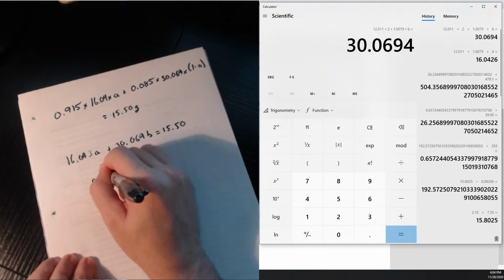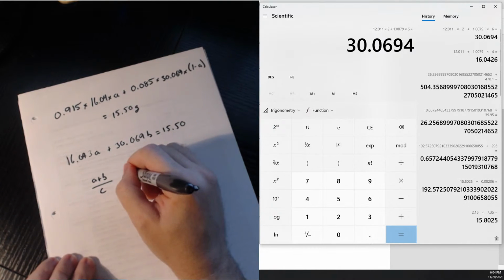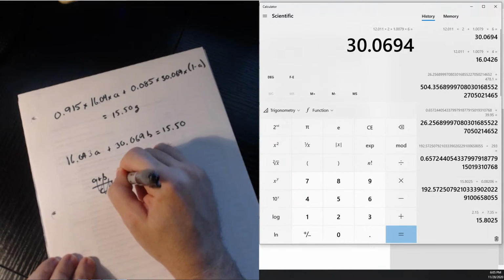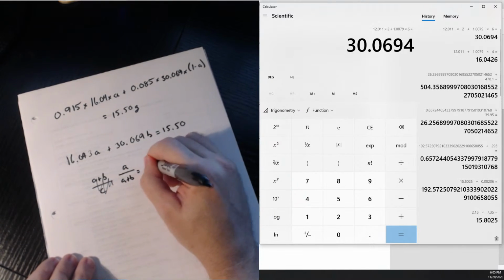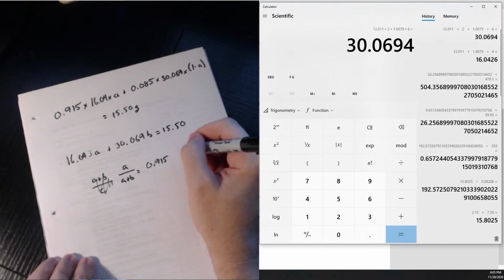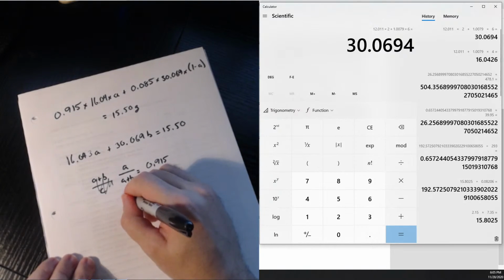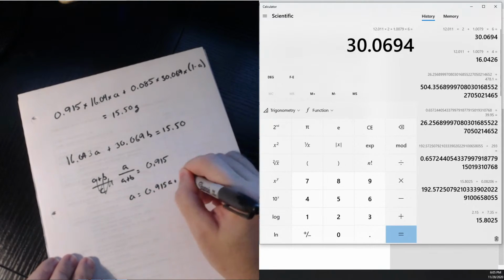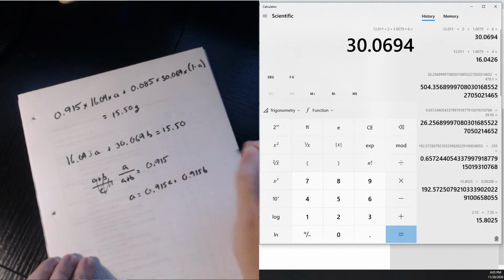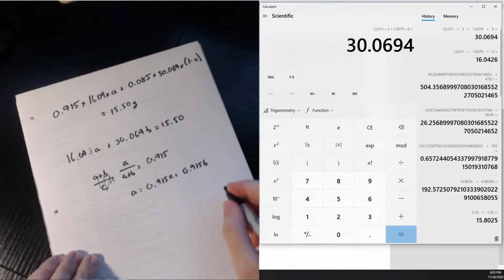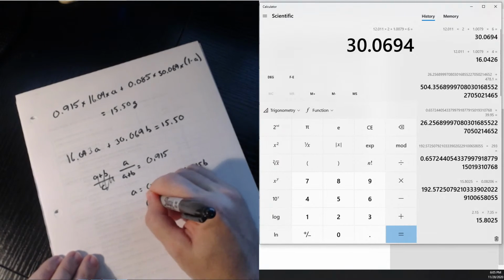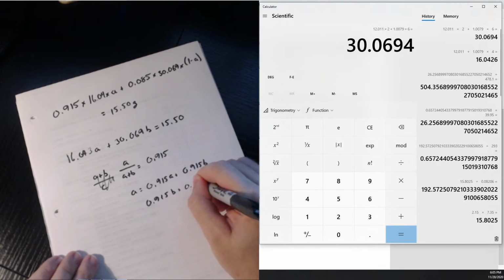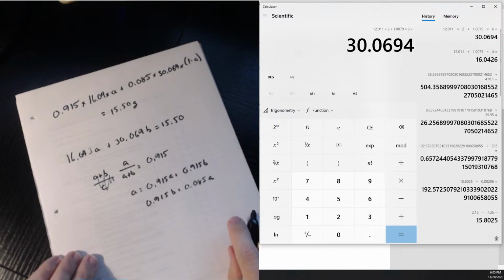A over A plus B is equal to 0.915. A is equal to 0.915A plus 0.915B. 0.915B is equal to 0.085A.